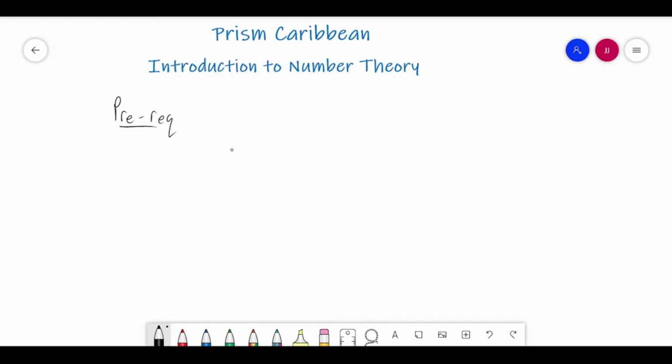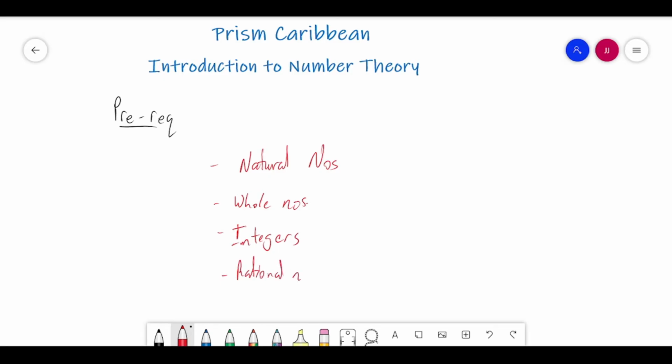So we need to know some things about natural numbers, right? We need to know about the whole numbers. We also need to know about integers. Also rational numbers. We also need to know about irrational numbers, right?